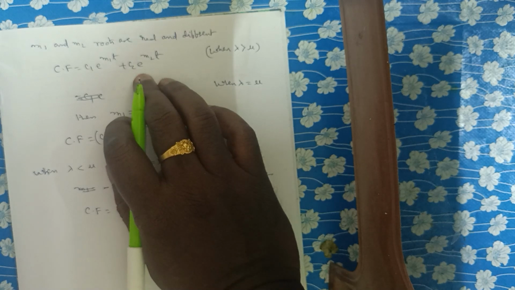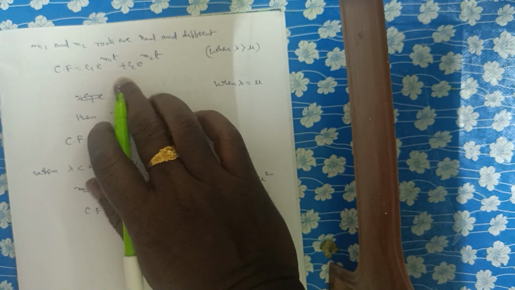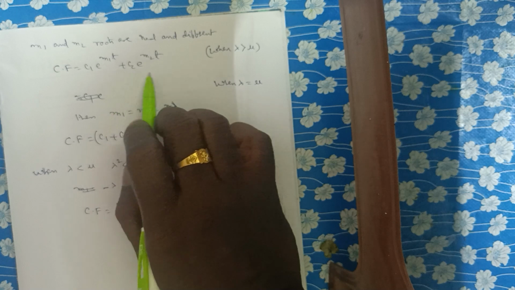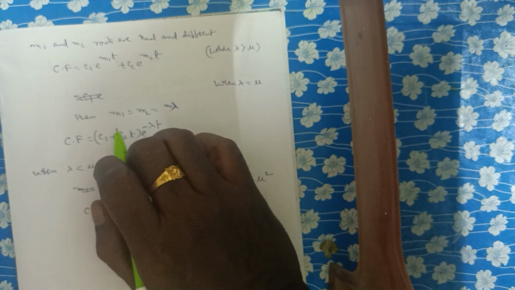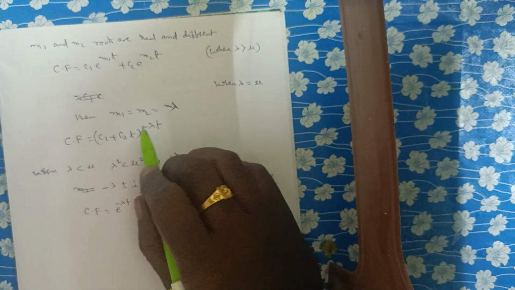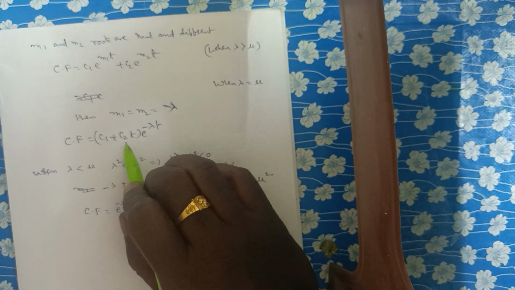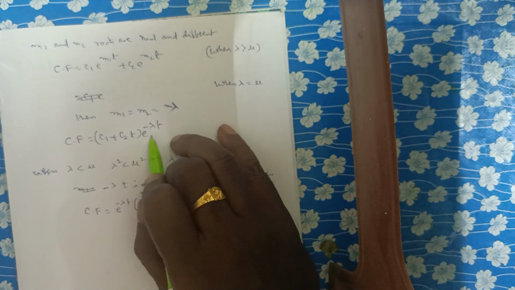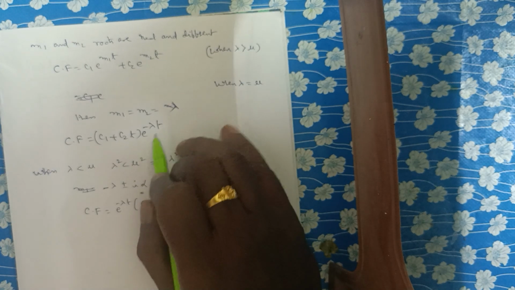If the roots are real and different, then the complementary function is c1 e power m1 t plus c2 e power m2 t. If the roots are equal, m1 is equal to m2, then the complementary function is (c1 plus c2 t) e power minus lambda t.